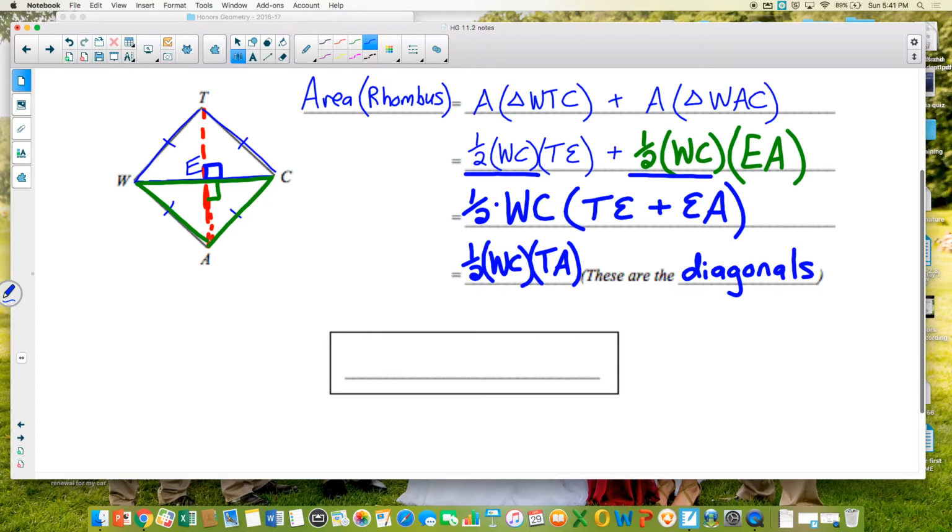So this little mini proof shows that the area of a rhombus is equal to 1/2 times diagonal 1 times diagonal 2.